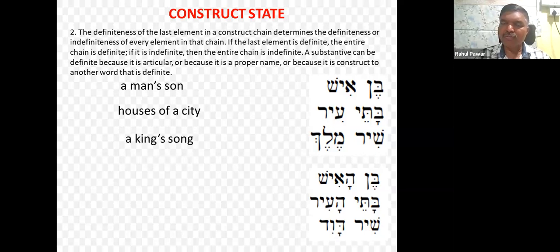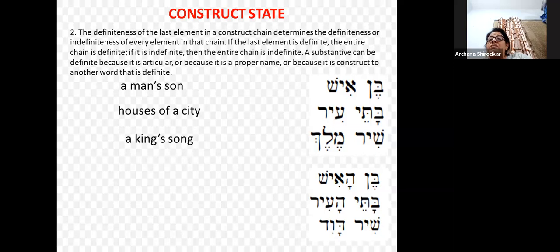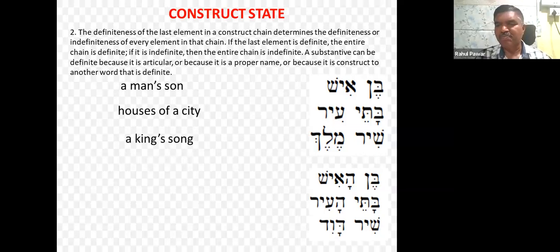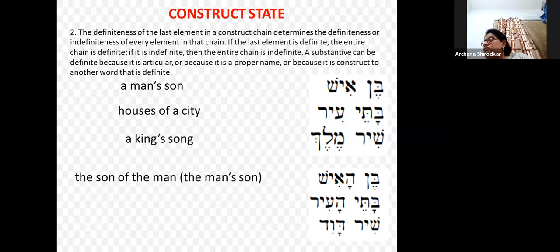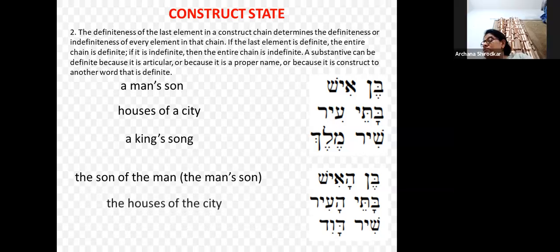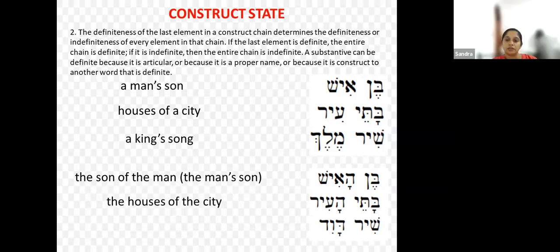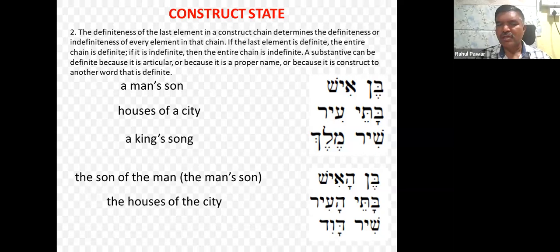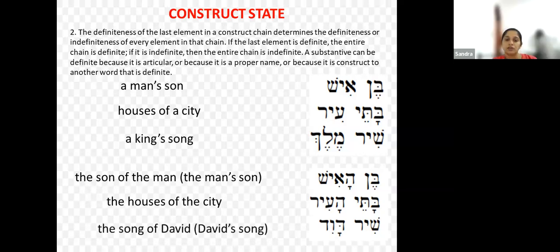Now, here the same words are there, but we can see the last element has an article. Ben Haish: the man's son, or son of the man. Bathe Ha'ir: the houses of the city. Shir David: David's song, song of David.